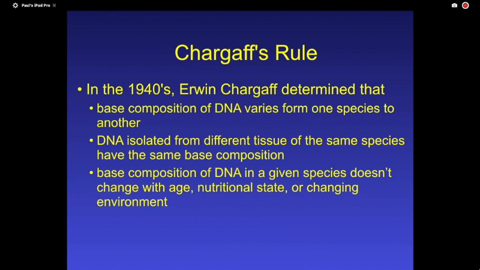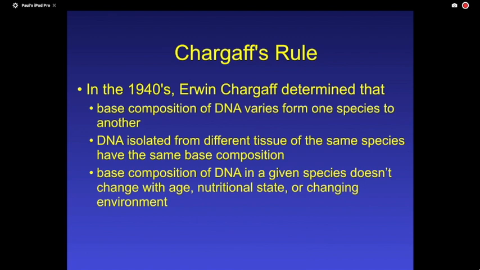Now, DNA, again, was in the cell, so they started to really study it. In the 40s, Chargaff determined that the base composition of DNA varies between one species and another. So you take a rabbit and you take a horse, and the percentages of A's and T's and G's and C's were absolutely different. But what he did find was this.